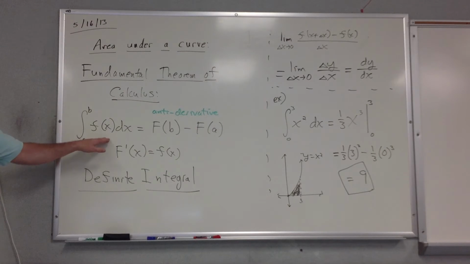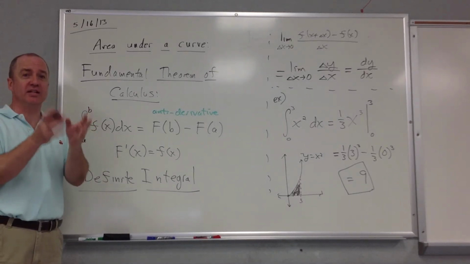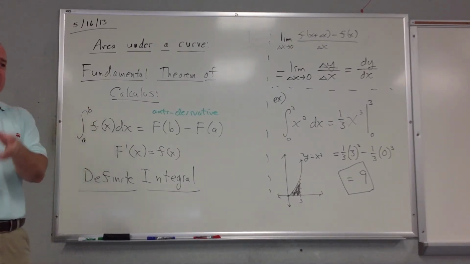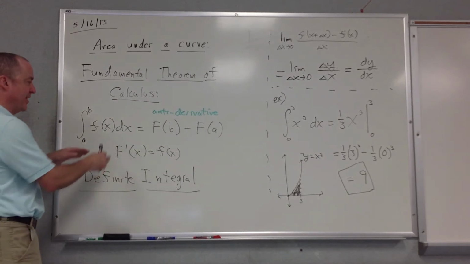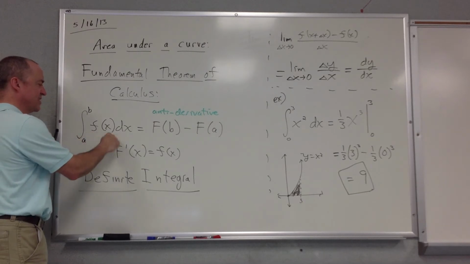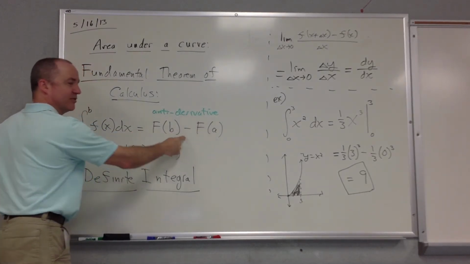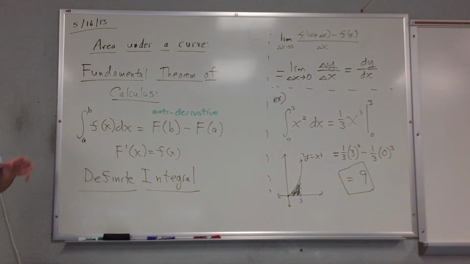If you see a definite integral, your instruction is like the absolute value sign: leave it positive if it's positive, make it positive if it's negative. If you see a definite integral, your instruction is anti-derive, plug in the first number, plug in the second number, find the difference. Its meaning is the area under the curve.